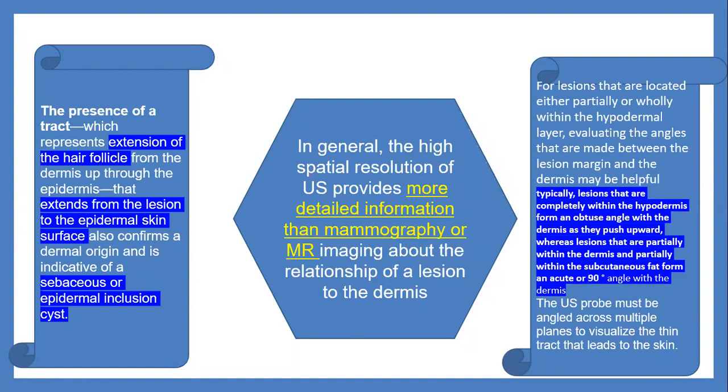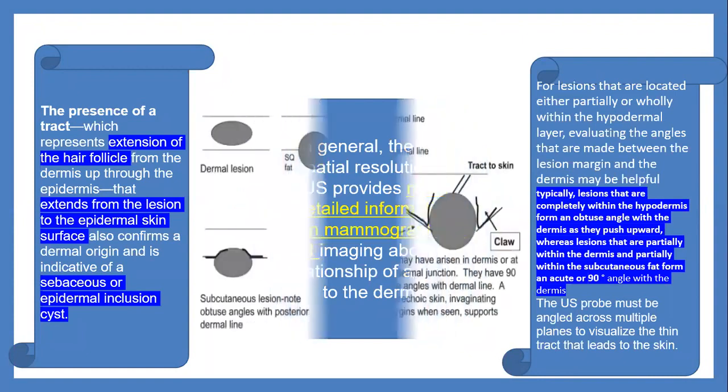For lesions that are located either partially or wholly within the hypodermal layer, evaluating the angles made between the lesion's margin and the dermis may be helpful. Let me show you here.